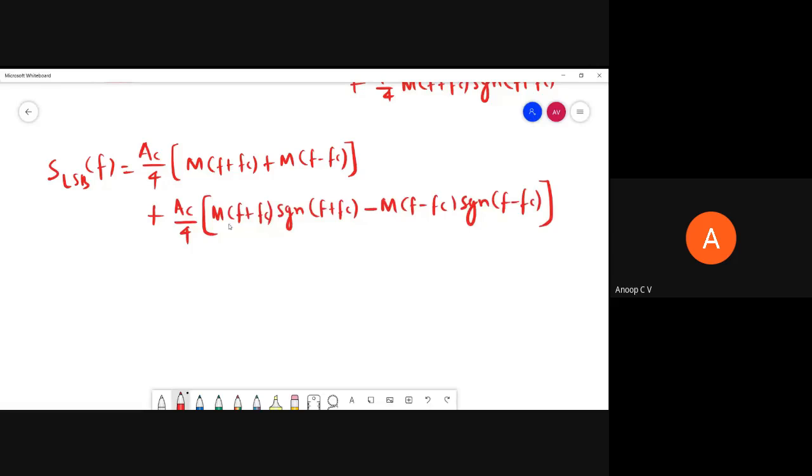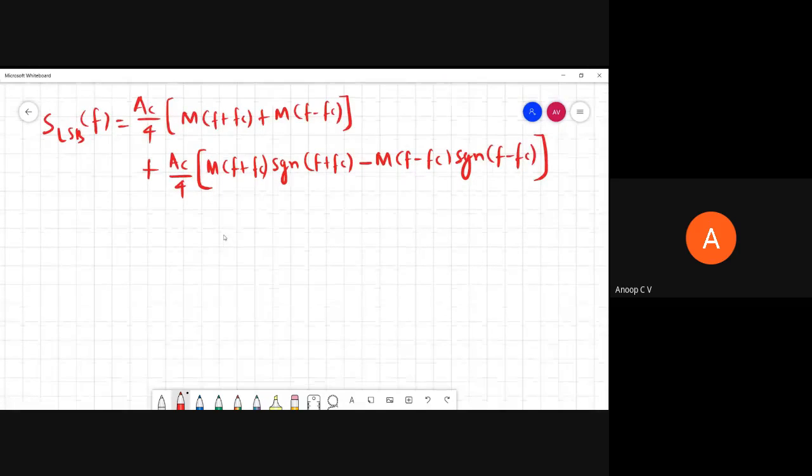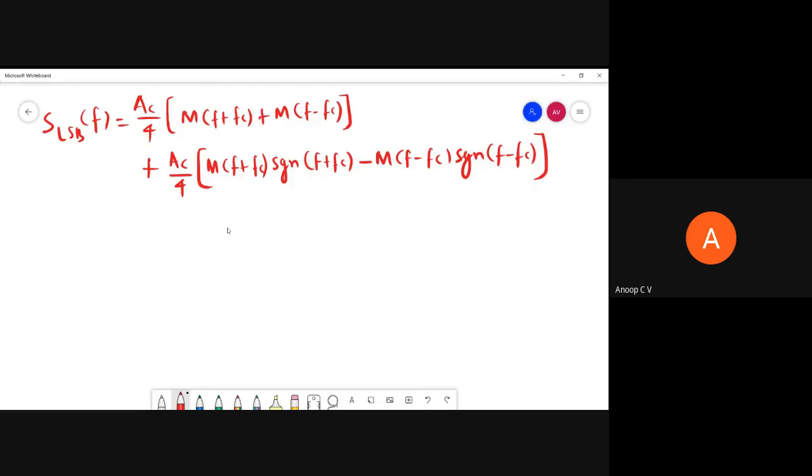So if you see here, those who have seen yesterday's video will be able to appreciate this. I'll just have a small recap on the Hilbert transform.